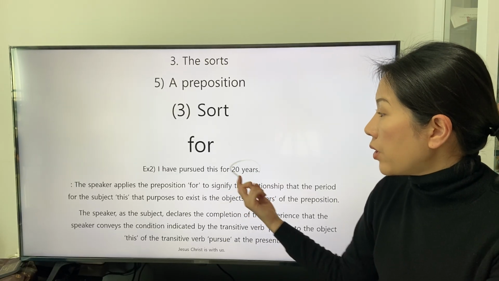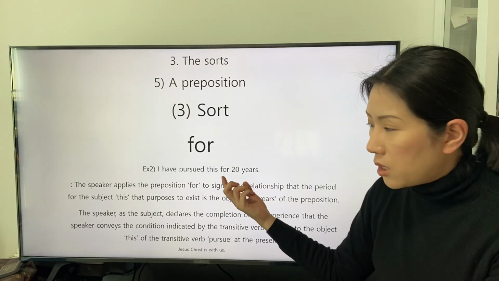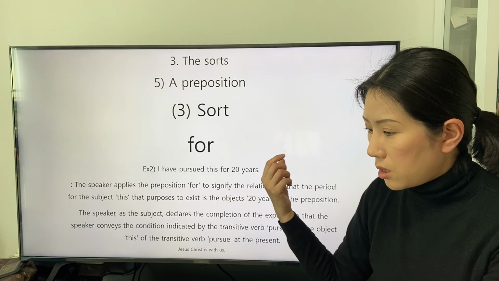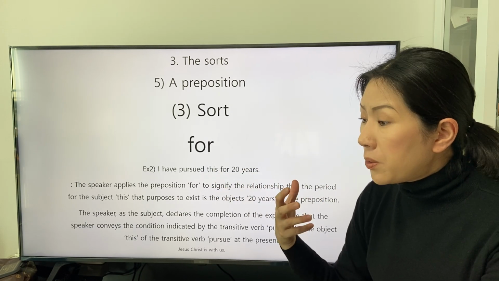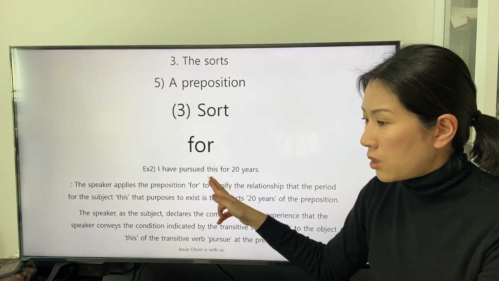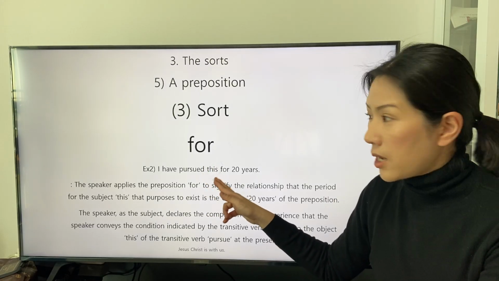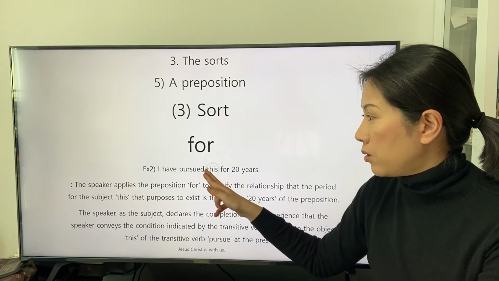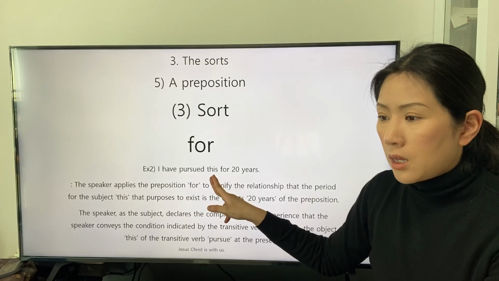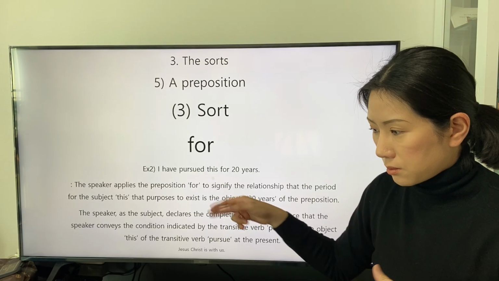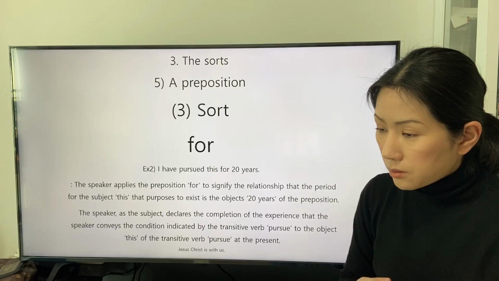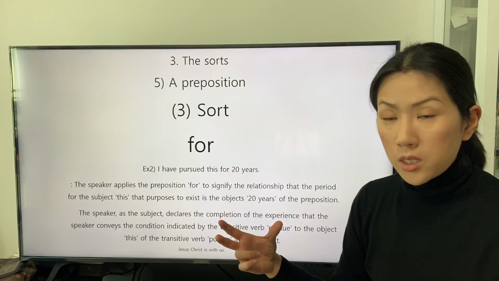The object 20 years reveals the purpose of the subject indicated by the pronoun this as the concurrent information.